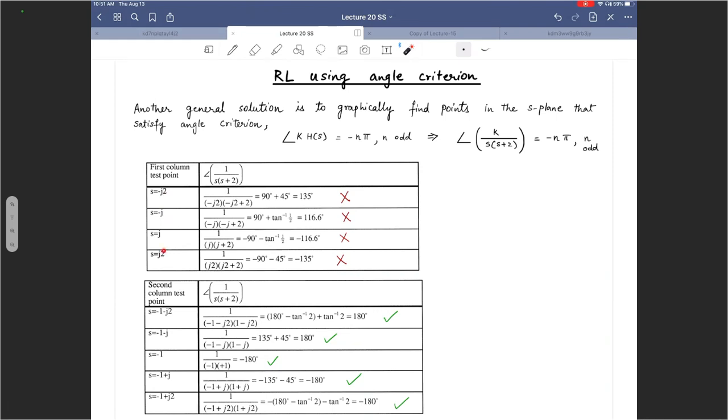For all those values of s, I substitute that in my k divided by s times s plus 2. Note that k does not contribute to the angle, only the s and s plus 2 in the denominator contribute to the angle. For a given s value in the first test column, say -2j, where is -2j?